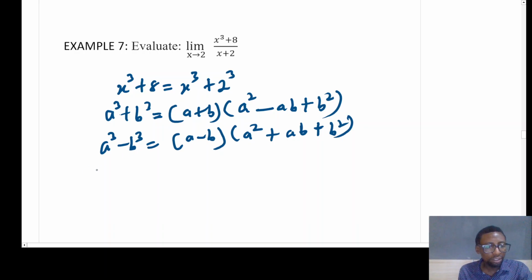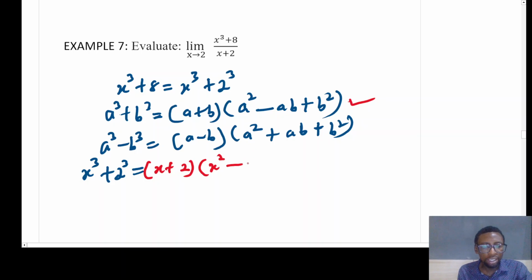So if I want to simplify x cubed plus 2 cubed, let me use a different letter so that you can see. x cubed plus 2 cubed will give me, following this formula, x plus 2, bracket, because our a is x and our b is 2, a squared, x squared, minus, what's our a now? x, bracket, what's our b now? 2, plus, what's our b now? 2 squared.